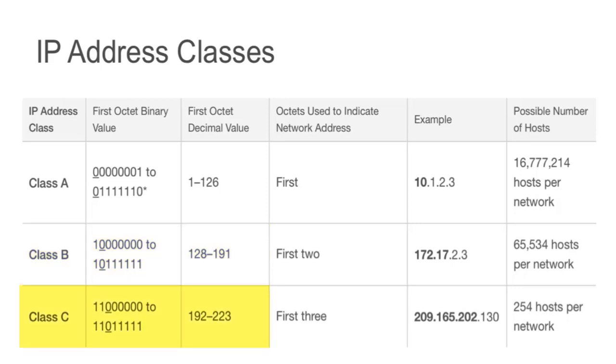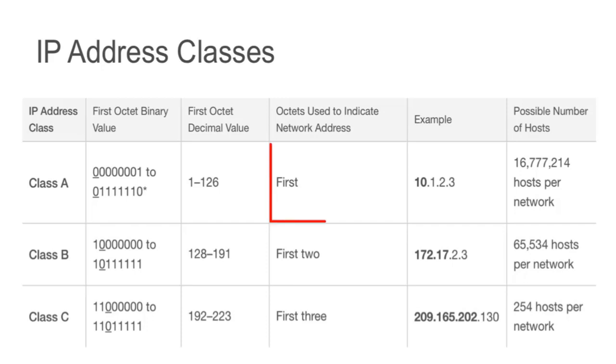In a Class C address space, the first octet decimal value is 192 through 223. This would mean that the first octet binary value is always going to be 110. The remainder bits can be set to pretty much anything. The only differentiator is in a Class A address space, where the 127 address is a reserved address and not counted as part of the Class A address space.